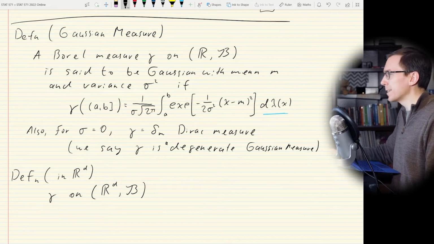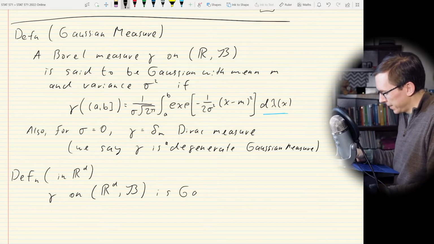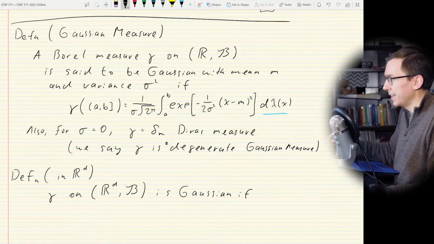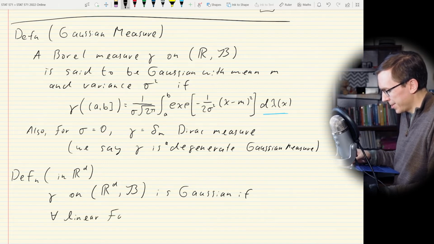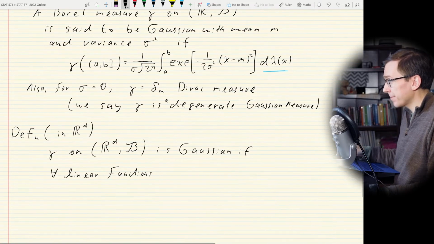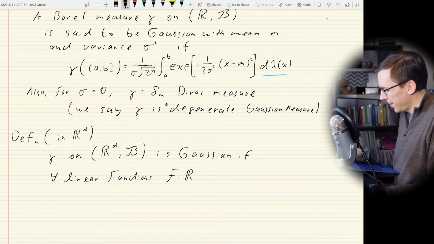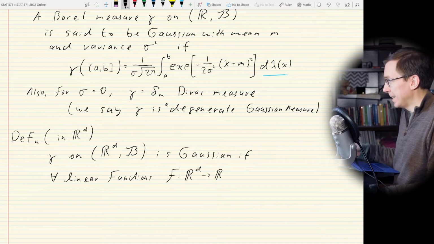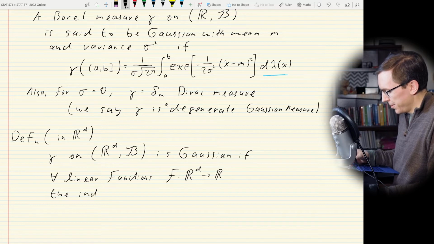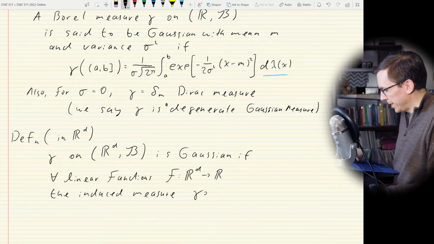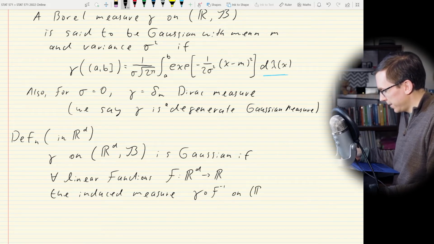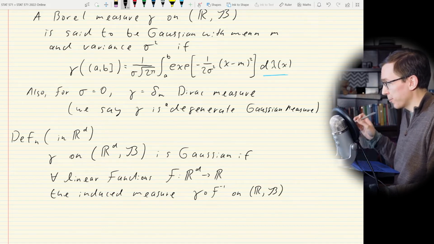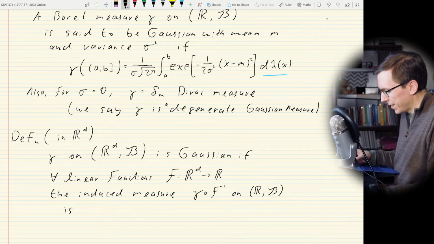Borel sets in d-dimensional Euclidean space is Gaussian if for all linear functionals f mapping R^d into R, the induced measure, which is gamma of f inverse, on the Borel sets on the real line, is Gaussian as per the first definition.